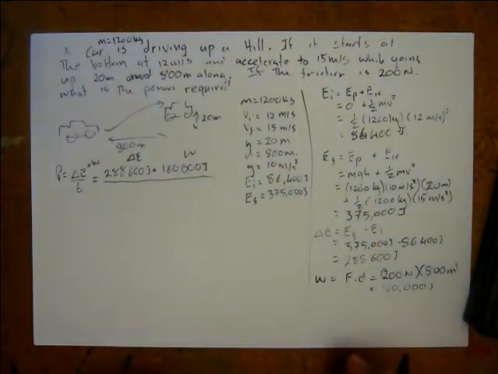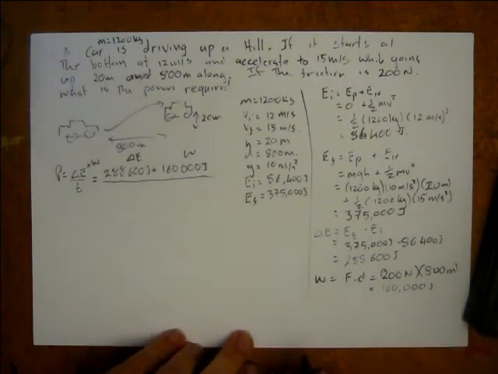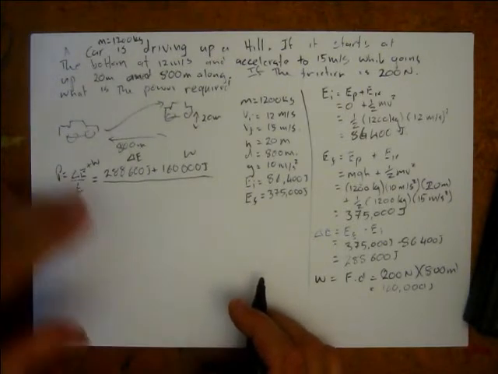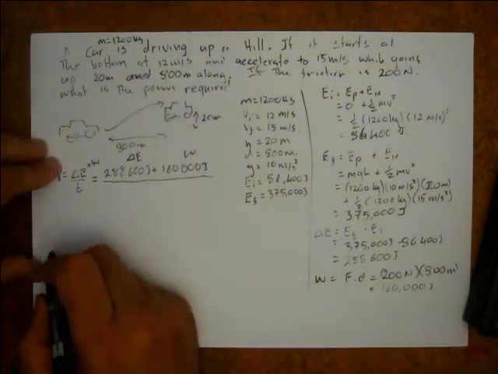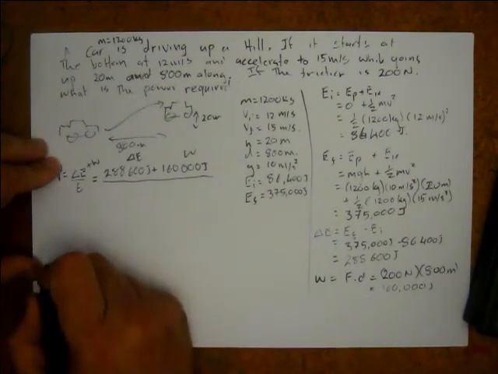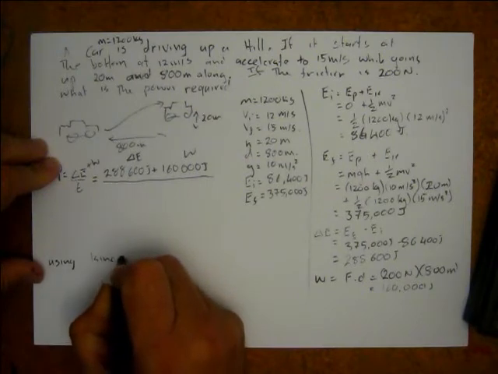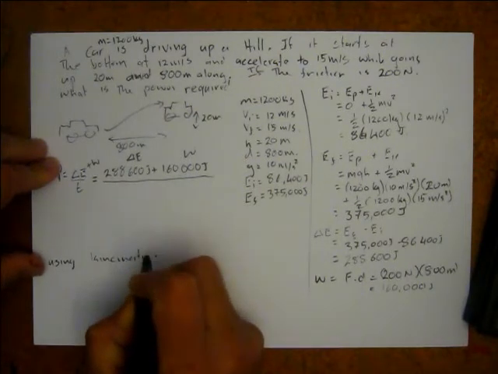Do we know the time? No. Can we work it out? And the answer is, yes, we can in multiple ways, but let's just use kinematic equations. What do we have?